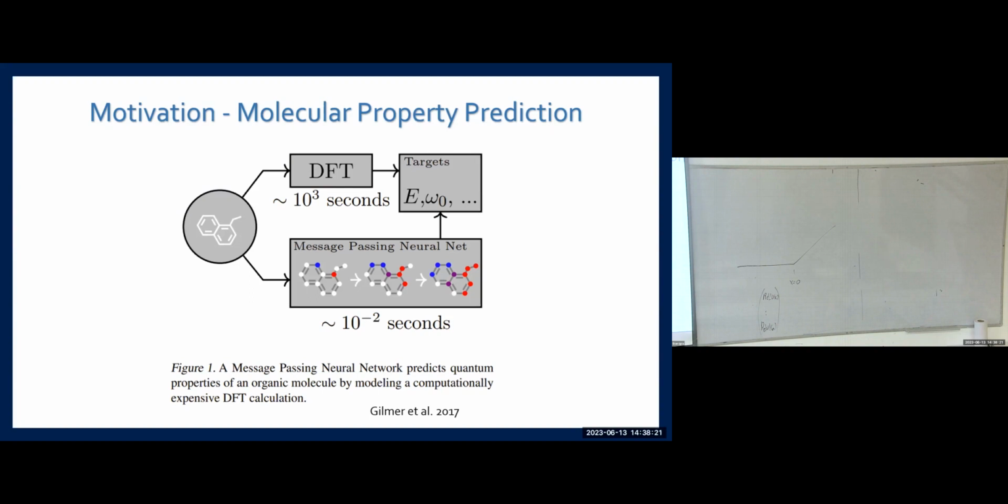But essentially, they process point clouds using neural networks, and they achieved a 10 to the 5-fold improvement over density functional theory approaches, and yet still maintained the accuracy on all of the molecular property benchmarks. And so this was a very big paper that really turned the attention of a lot of researchers to point clouds and using neural networks. Later in the talk, we're going to talk about the vulnerabilities of this class of architectures and how we fix it.